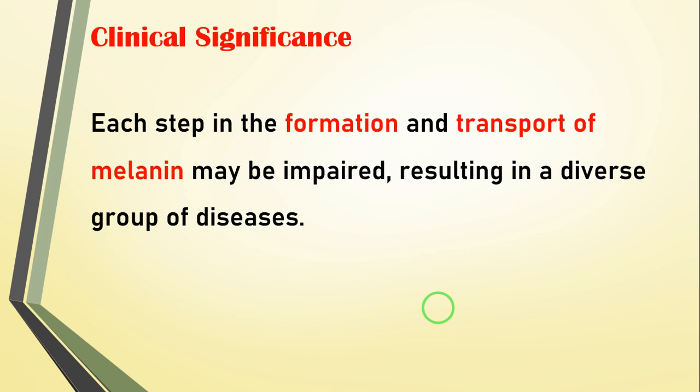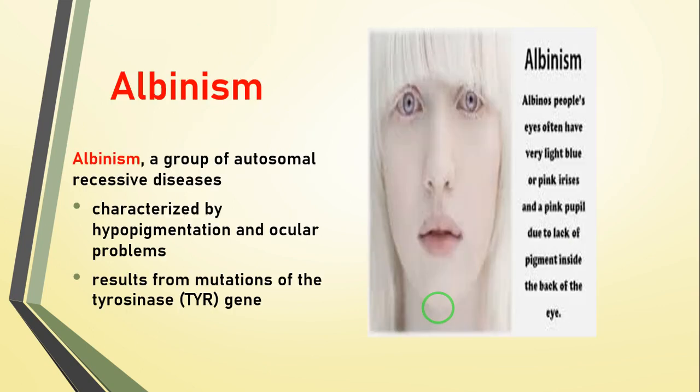The most popular or well-known diseases are albinism and phenylketonuria. Albinism is usually due to a defect or mutation in the gene that is responsible for the production of tyrosinase. We know that tyrosinase is a key enzyme involved in the two most important steps in the production of melanin, which is the conversion of tyrosine to dopa, then from dopa to dopaquinone.